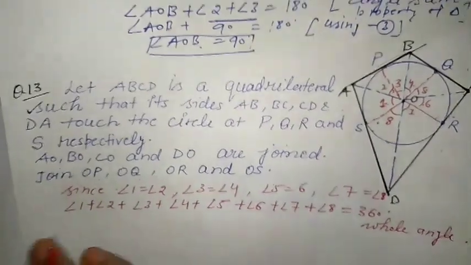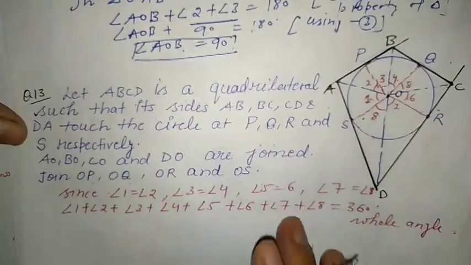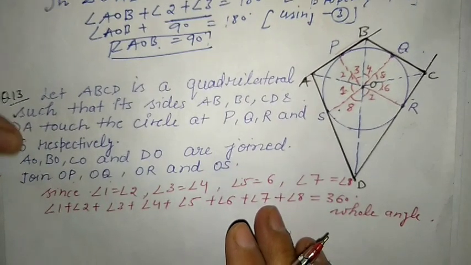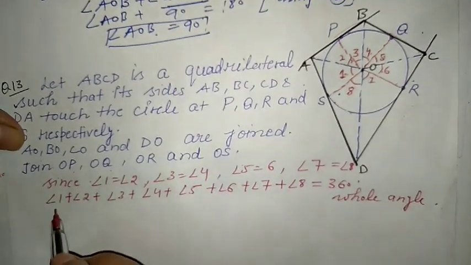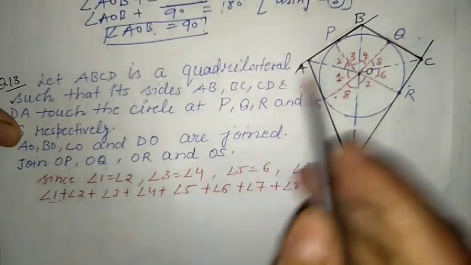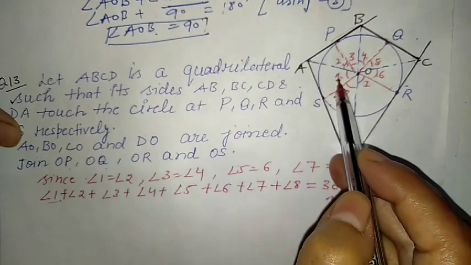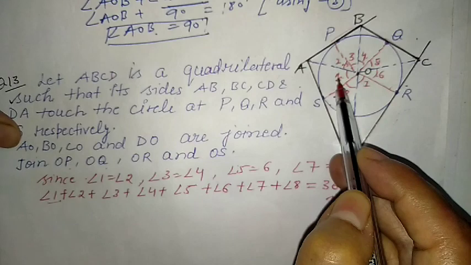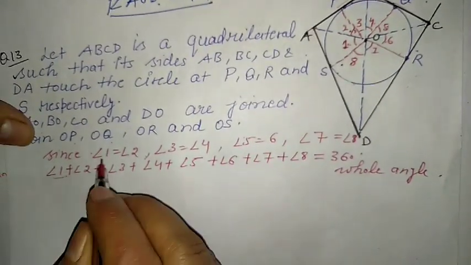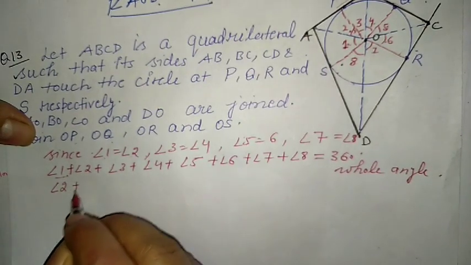Okay. So angle 1 is equal to 2, 3 is equal to 4 and 5 is equal to 6, all we have. So we will replace some angles from here. Just like that, angle 1 can be replaced by angle 2, because angle 1 is equal to angle 2. So instead of angle 1, we write angle 2.